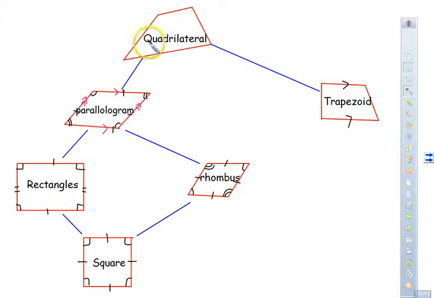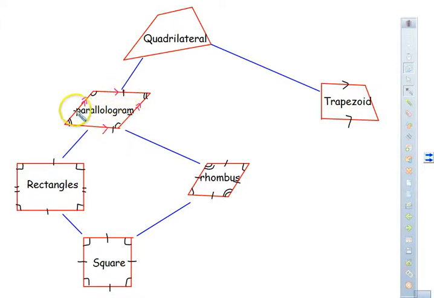Let's go now from the quadrilateral to a parallelogram. Now a parallelogram, excuse me, has, again, see these little lines right here, these little angles on it. That means that that side is parallel to the other side. This one has two of them, which means that these two lines are parallel to each other. Now this line has one line and this has one line, meaning that those two are congruent.